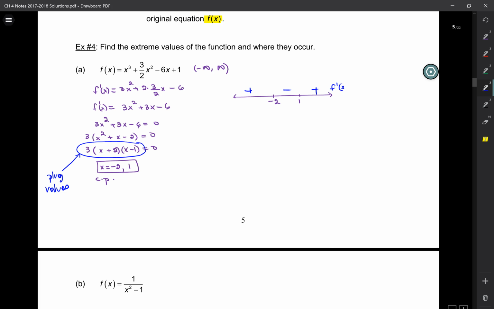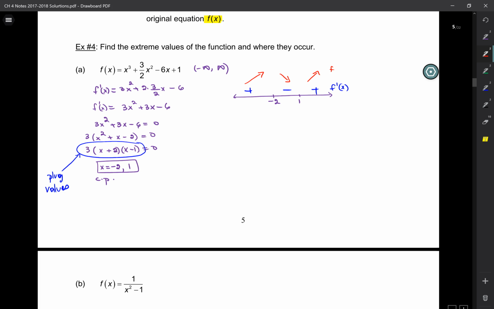F prime of x is positive, negative, positive. F prime is derivative. What's another word for derivative? Slope. So here slope is positive, negative, positive. If slope is positive, what's the function doing? It's going up, increasing.